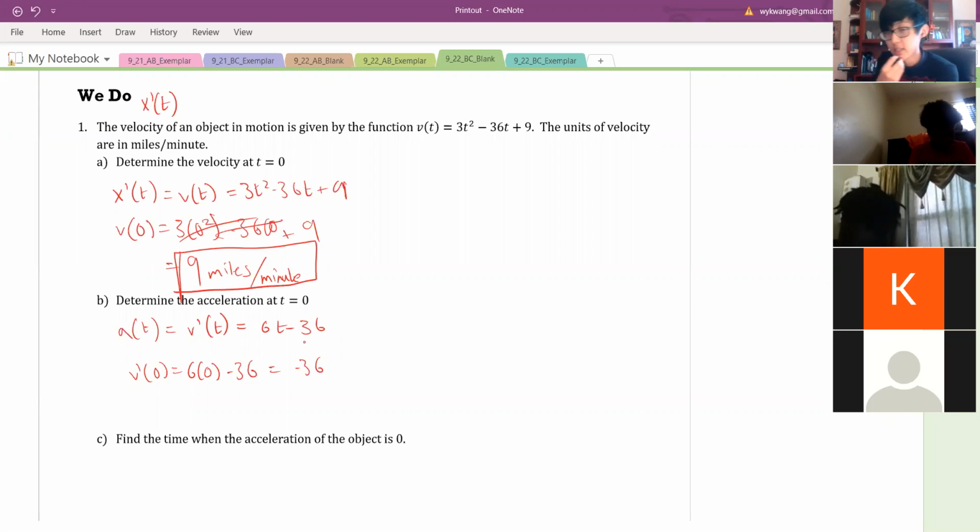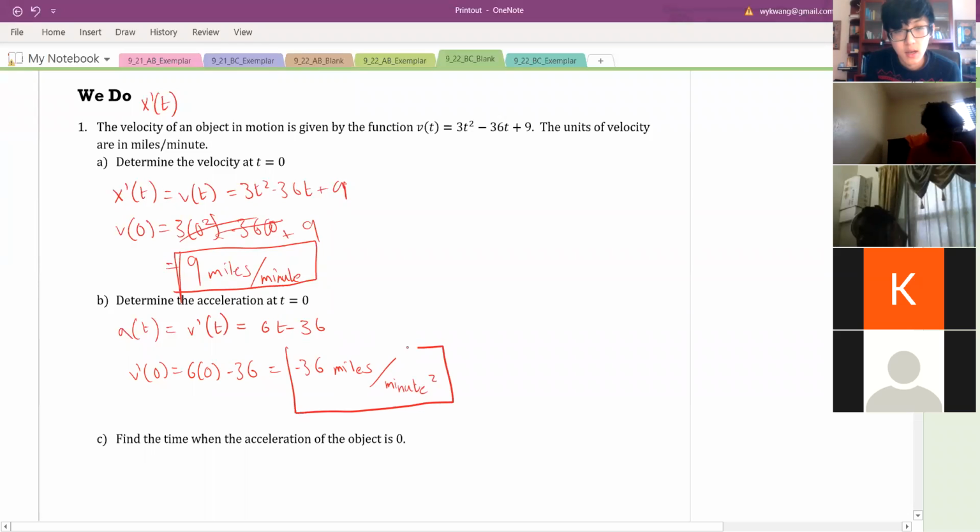That's actually a really interesting way to think about it. So I'll just give the answer. You just take the velocity unit and then you take the denominator and square it. So it's miles per minute squared. You're just going up another level, basically.